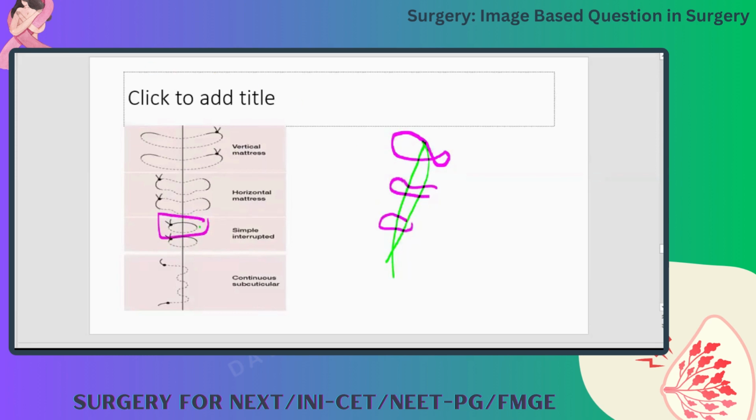Next, what is mattress suture? You take one long, short and short. That is mattress suture. The mattress may be a vertical mattress or a horizontal mattress. See here, long, near. Here see, horizontal, one point here, A, B, C, D. It is like a horizontal mattress.